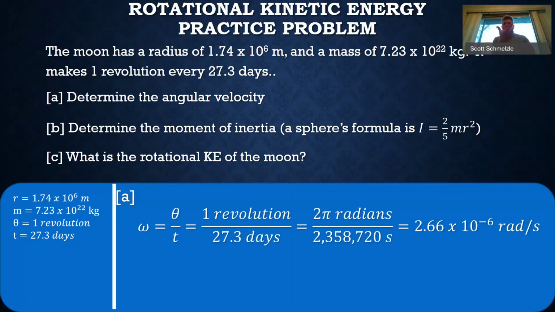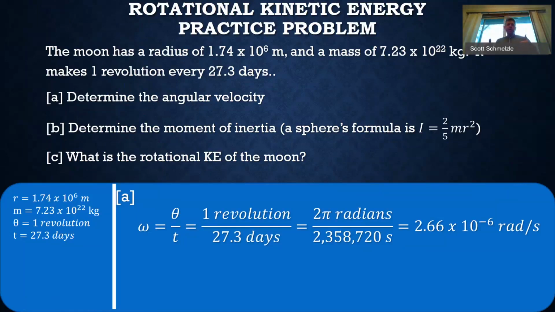Well, this takes one revolution, which is 2 pi radians, over 27.3 days. Well, 27.3 times 24 to get it to hours, times 60 to get it to minutes, times 60 to get it to seconds. That gives me about 2.4 million seconds. So 2 pi divided by that is 2.66 times 10 to the negative 6 radians per second. It's not moving very fast, at least in our mind.